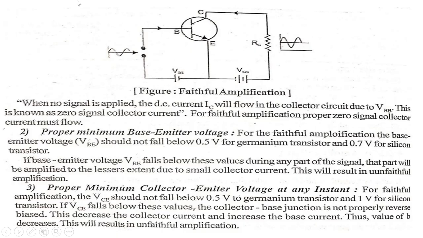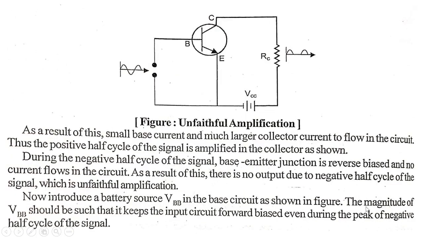Now introduce a battery source VBB in the base circuit as shown in the figure. Here this battery is introduced in that circuit. The magnitude of VBB should be such that it keeps the input circuit forward biased even during the peak of the negative half cycle of the signal.